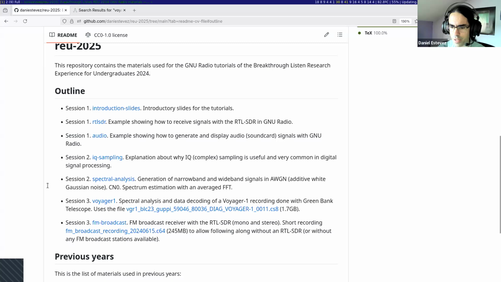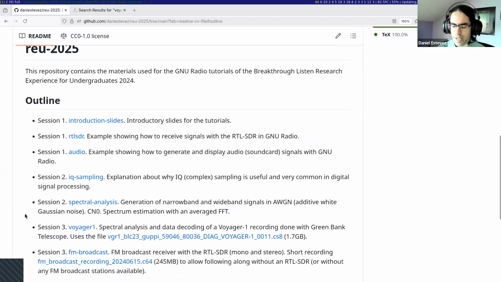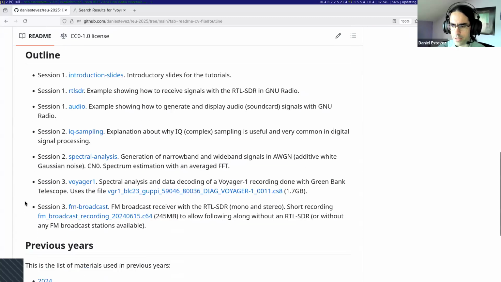For today, I have something which I think is quite fun, which is Voyager 1. I mentioned yesterday that there are a couple of recordings we will be using today. The first one is a recording of Voyager 1, done in 2020 something, a few years back, with the Greenland telescope, which is the largest steerable dish, a 100-meter dish.